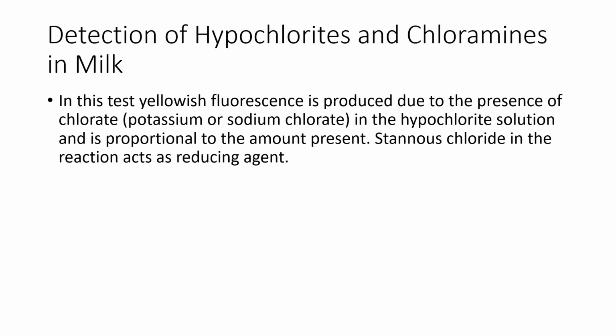And hypochlorites and chloramines. The commonly used bleaching powder is sodium hypochlorite, and chloramines are also substances that we commonly use in disinfectants. You would have seen that bleaching powder is pure white in color. Sometimes some people even add this bleaching chloride to the milk. The reagent we commonly use is stannous chloride.